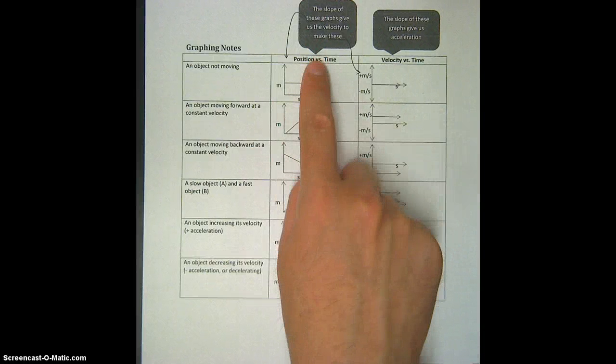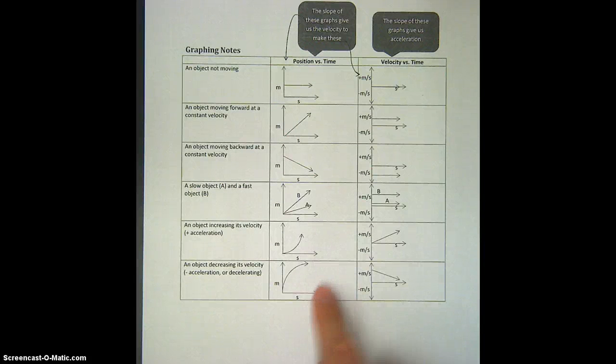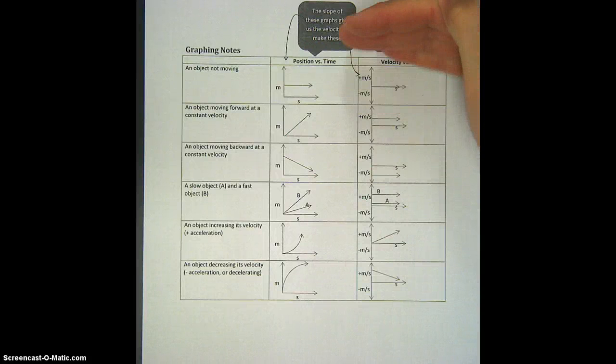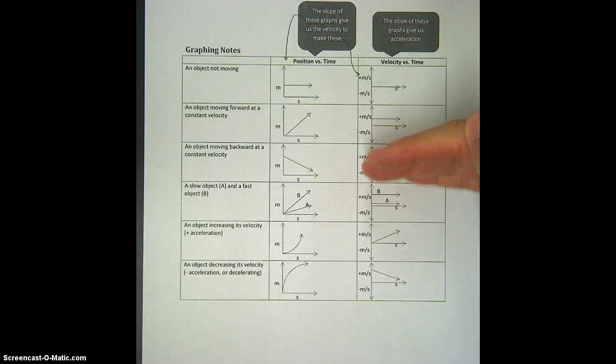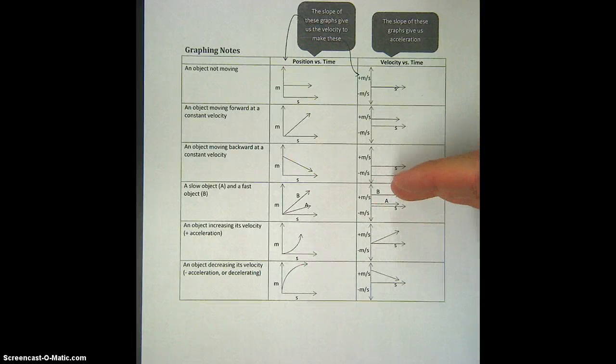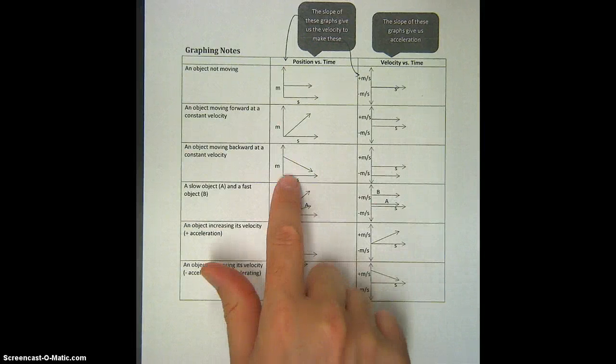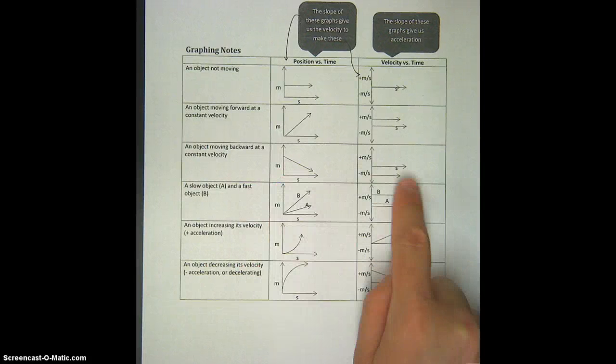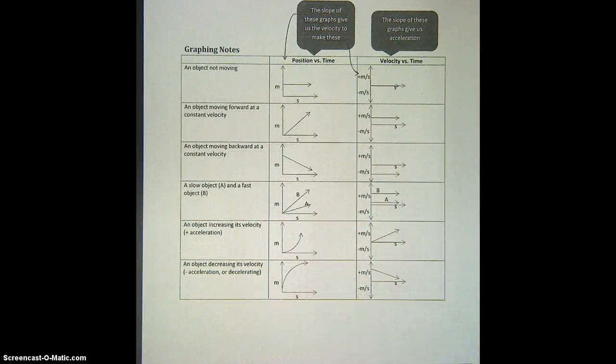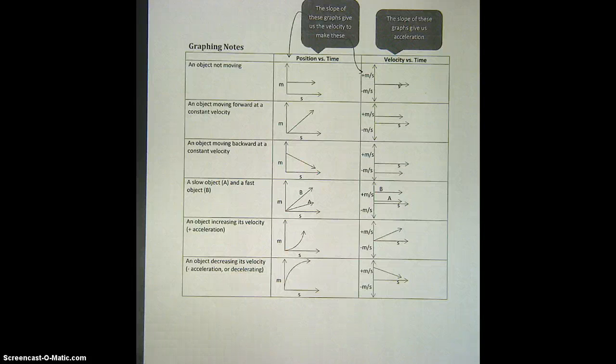Whatever my slope is for my position time graph, that tells me my height, either vertical or my depth down here in the vertical as well, if I happen to have a negative velocity here. So this page is definitely worth reviewing. It's not the numbers so much as the pattern that we're really watching for. What's the shape of the graph? Remember, the whole value of a graph is to not have to do some math, but still get a ton of information.